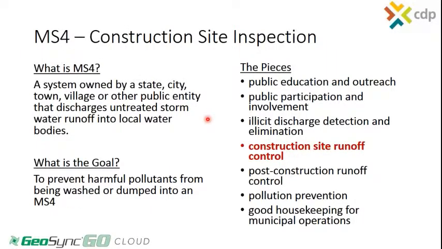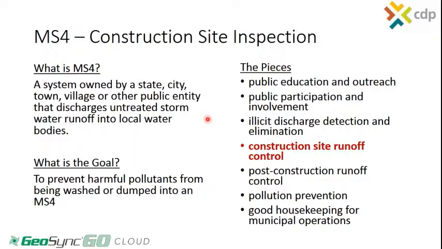First off, we may have some who are not familiar with MS4. So just in case, a very simple explanation of what an MS4 is. It's basically a system owned by a local government entity that discharges stormwater into local waterways. The goal of an MS4 is to prevent harmful pollutants from getting into those water sources that are coming from the MS4.